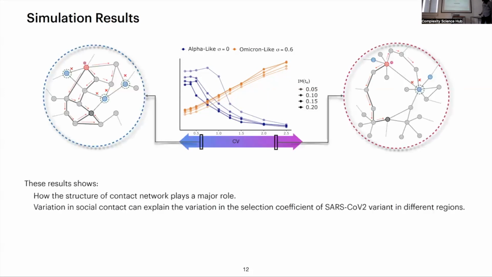The effect of heterogeneity can be explained by the role of hubs as super spreader or super blocker. On the right panel, I am showing the network with a heterogeneous structure.